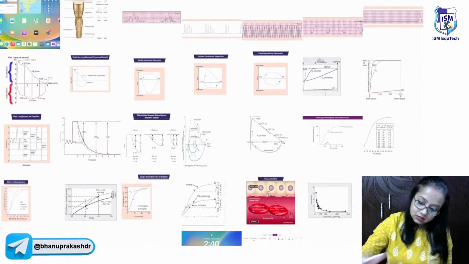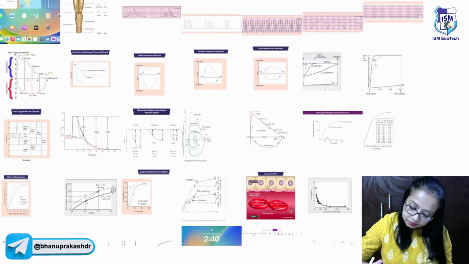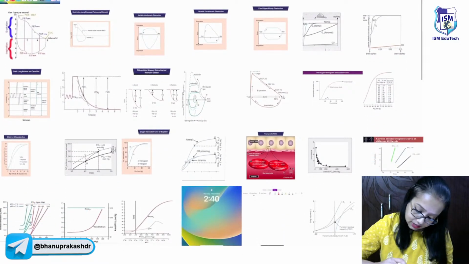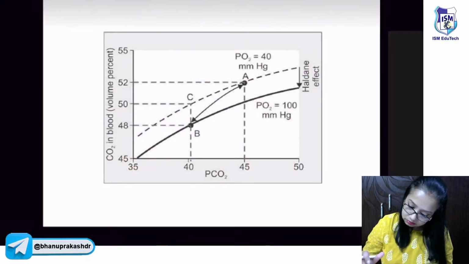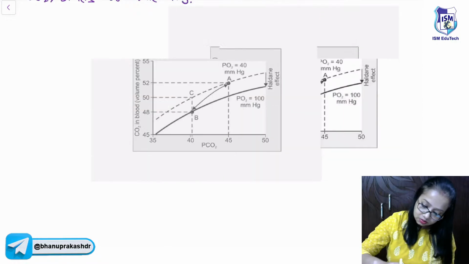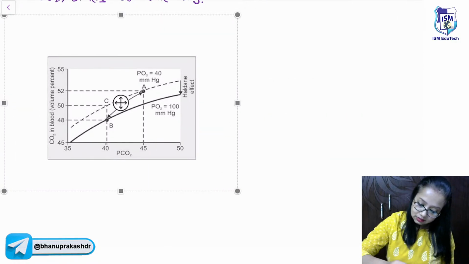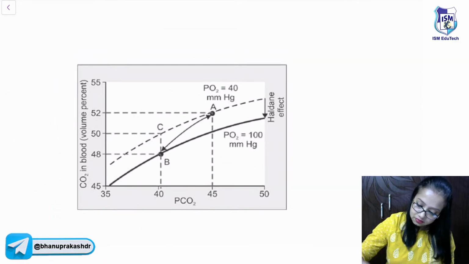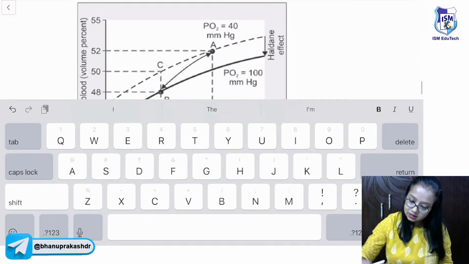So we understand this with this graph, which is the Haldane effect. This is the graph which explains the Haldane effect.